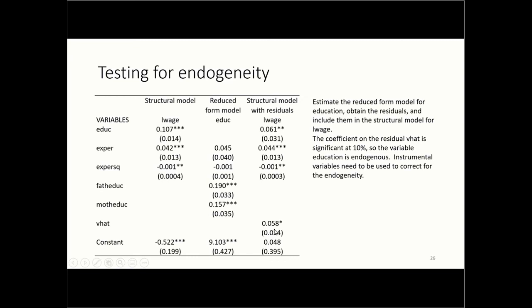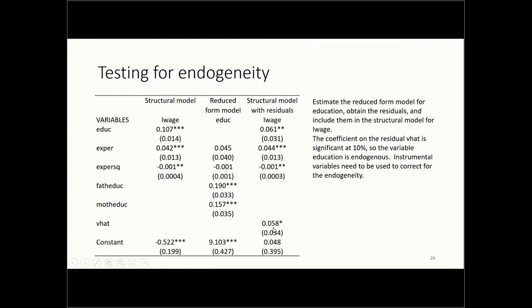And we're seeing that actually this coefficient is significant. And so that is the endogenous part that is in the residual. So again, when we're breaking down the endogenous variable, we have education hat, which would be containing the exogenous information, and that residual will be containing the endogenous information.